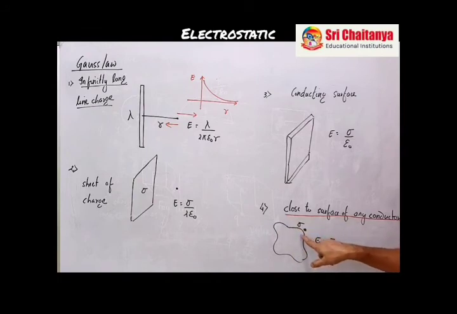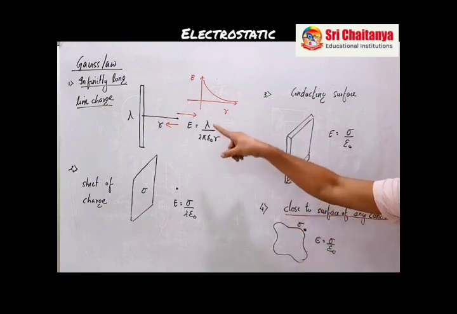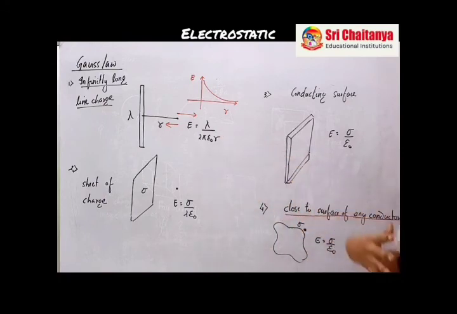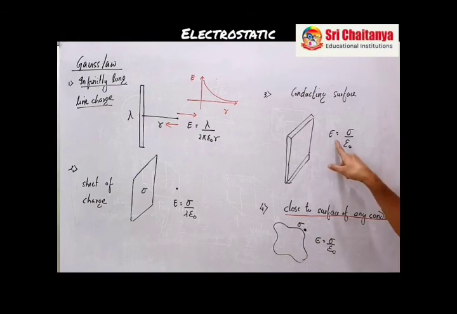For example, if the charge density is sigma and you go very close, the distance between your point and the surface will be 0. You can think it will become like an infinitely large surface. And for an infinitely large surface, you know the electric field is sigma by epsilon naught. So here also the electric field will be sigma by epsilon naught.